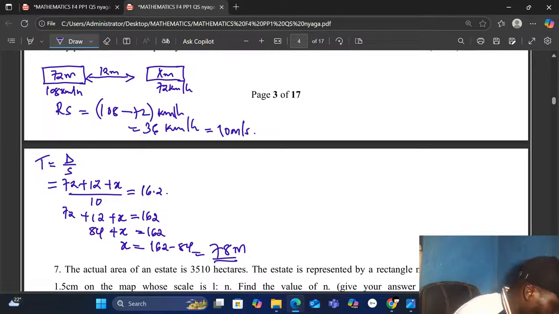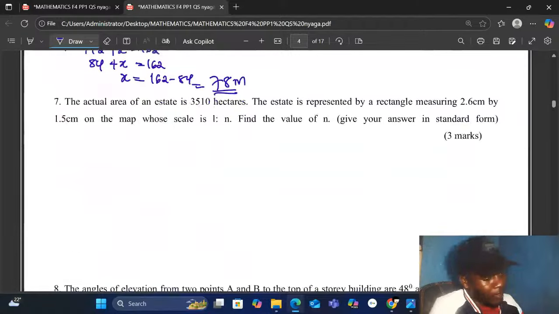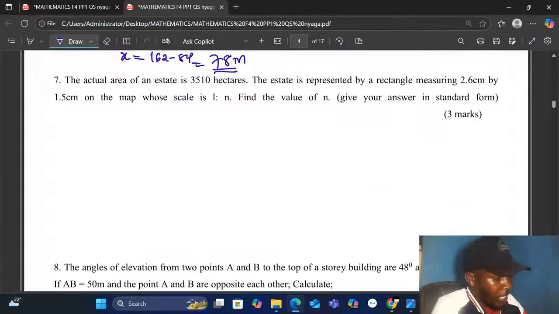Now we move to the next one, question 7. The actual area of an estate is 3,510 hectares.